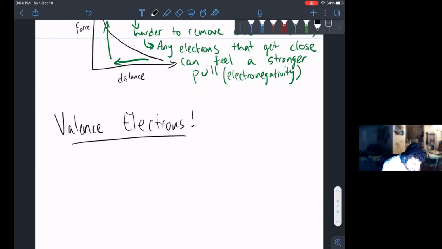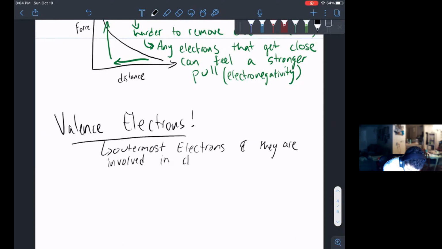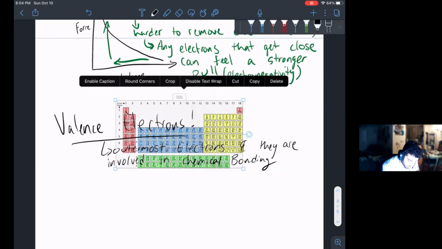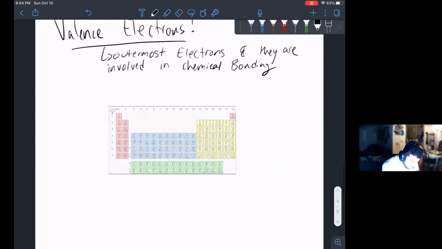Valence electrons are just the outermost electrons, and they are involved in chemical bonding. So anytime elements bond, it's due to those valence electrons. And valence electrons are pretty easy to figure out, at least for the main group elements.